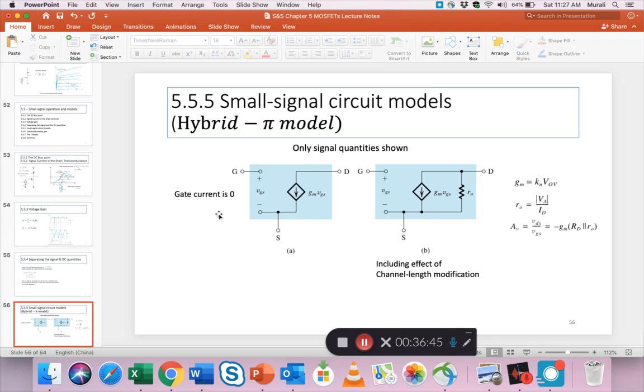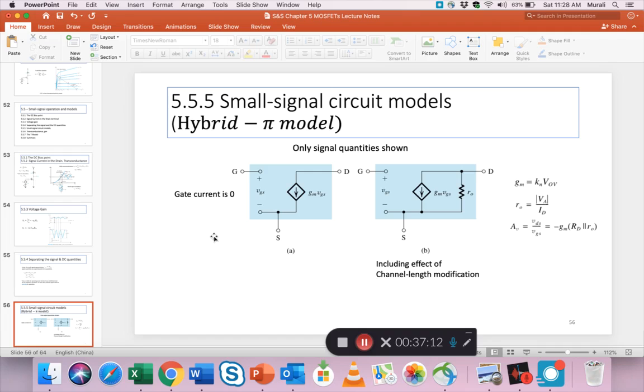So here is the main model. Compared to having a diode here in the BJT, here we leave the input side, which is the small vgs, the gate to source side where we have the signal, open.